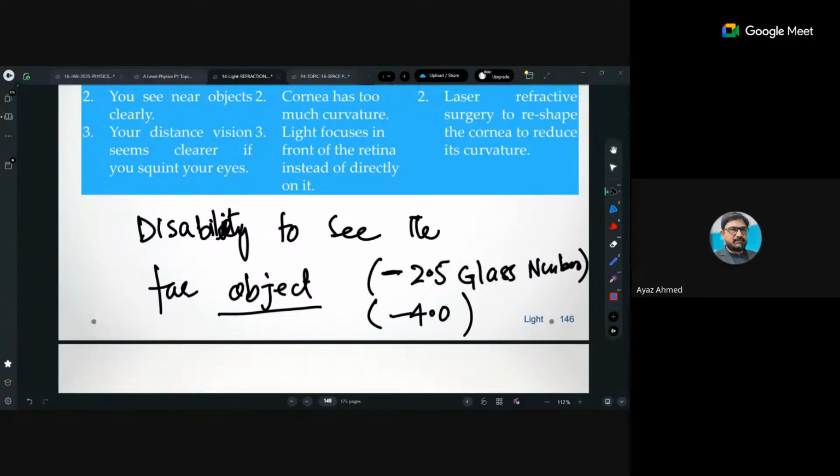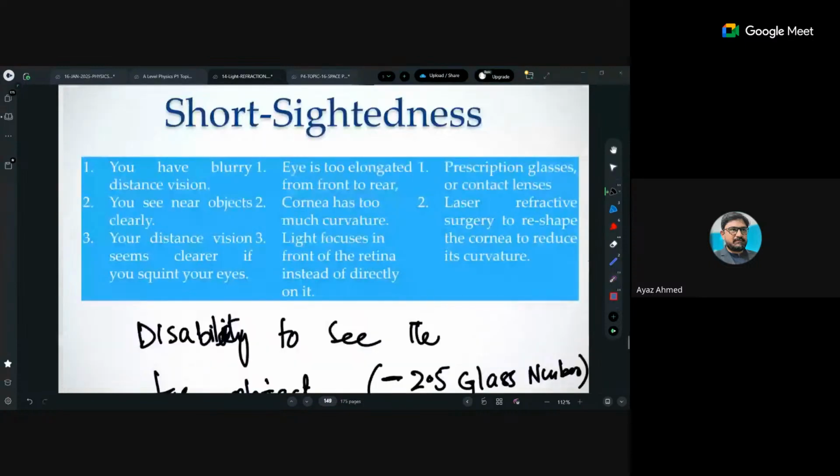It means I am unable to see the far objects. So these people have a problem that they cannot focus the images which are being formed on their retina.